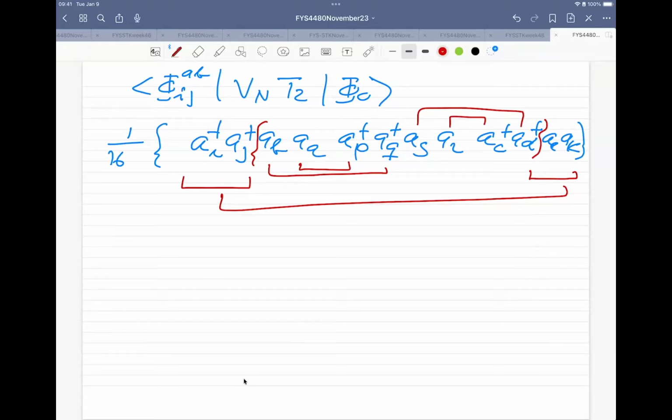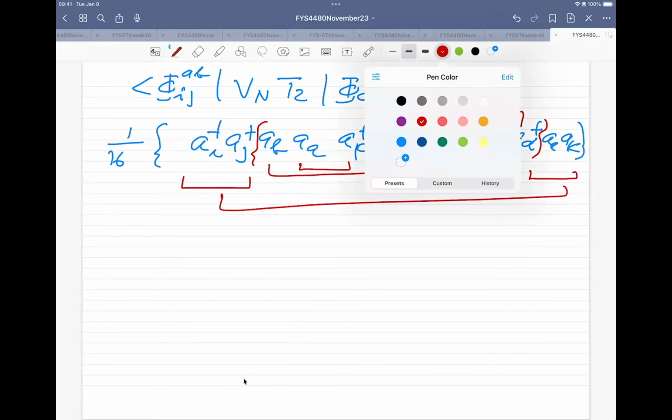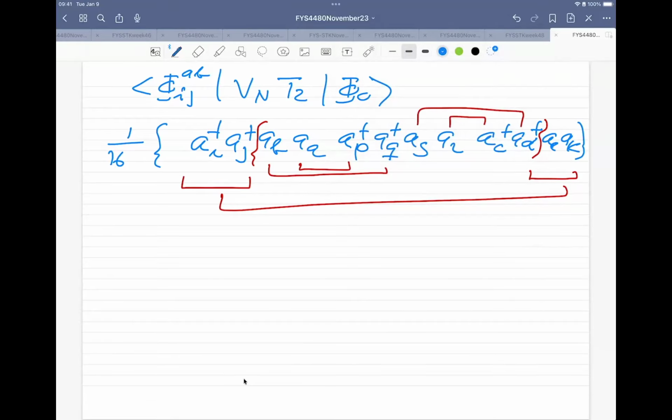Now, the other possibility is that we take the hole states and let them interact. So let's just put up that one. That's the next possibility. So if we rewrite it, we have a_j, a_b, a_a, a_p, a_q, a_s, a_r.